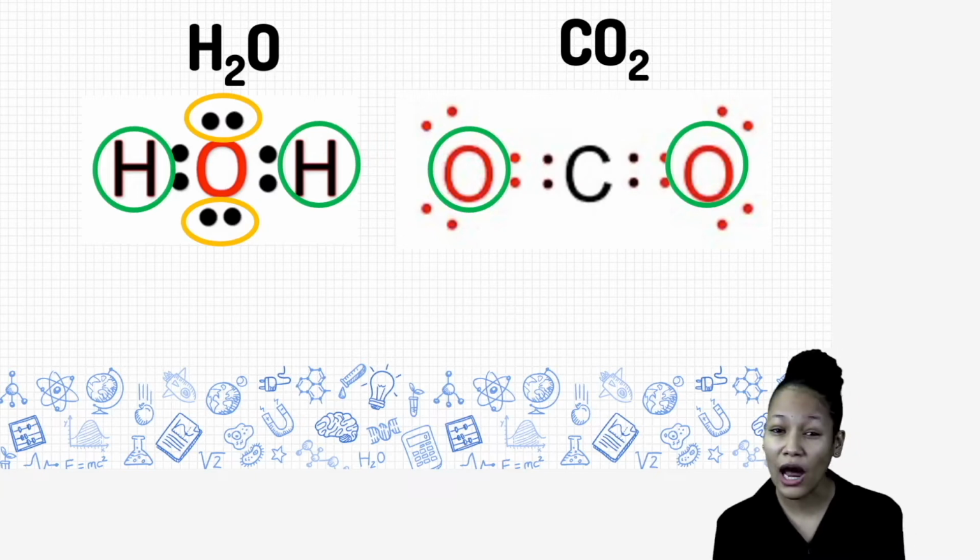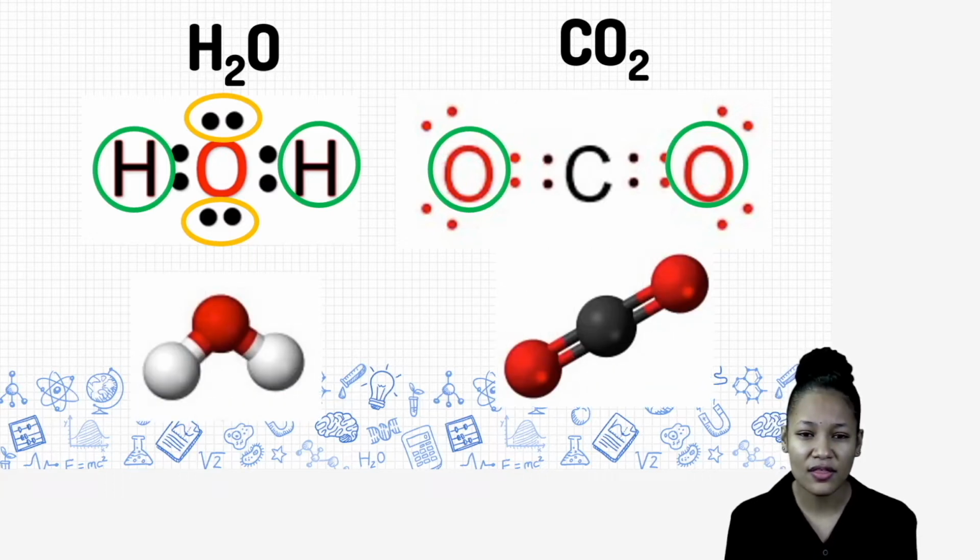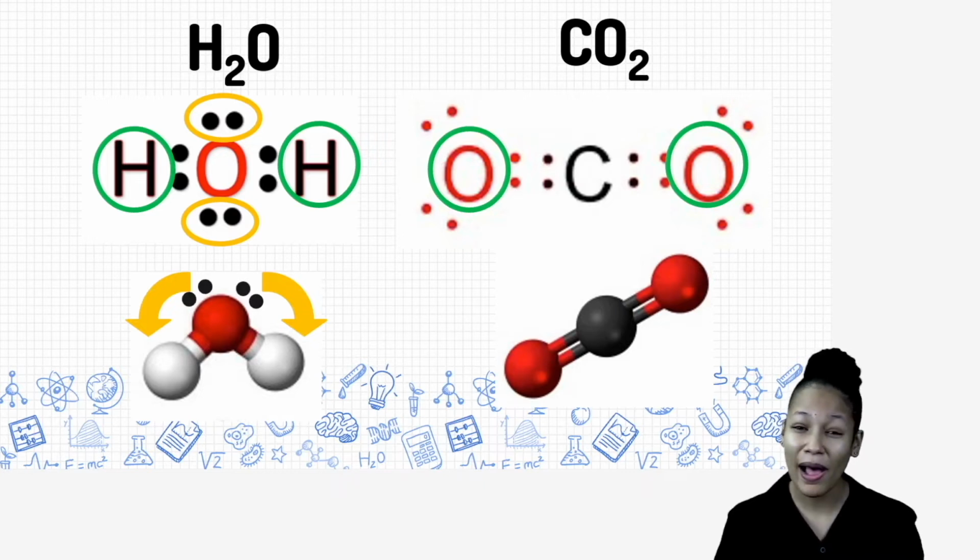If you look at carbon dioxide, on the other hand, there are no lone pairs of electrons on carbon. Based on this, their shapes are different. Carbon dioxide is straight or has a linear shape, whereas water is bent. And the reason that it bends in the way that it does is because of the lone pairs that are on the central atom that are repelling each other and repelling the bond pairs of electrons.